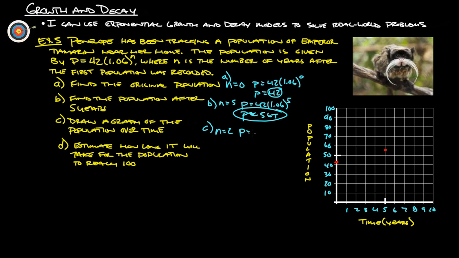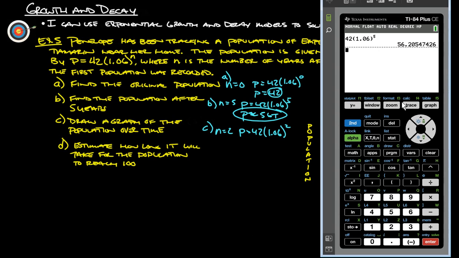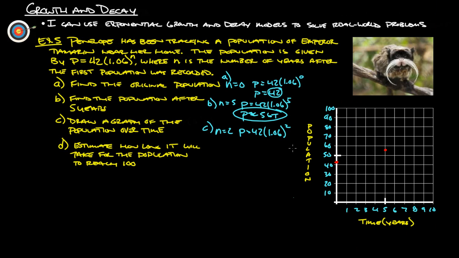We get P equals 42 times 1.06 to the 2nd. And what we can do here is a little, I don't want to say trick, but you go back and highlight that, push enter, and you should be able to now edit that. So now I'm going to turn that into a 2. Push enter, we're at 47. So 2 is at about 47. Right about there.